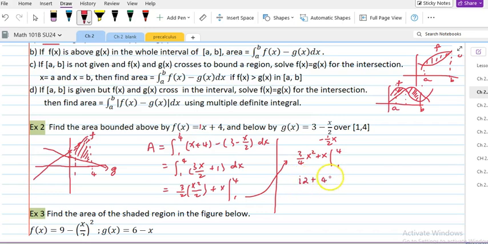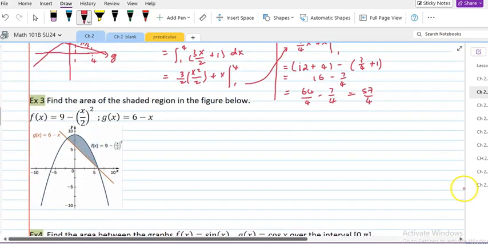Plus 4. Subtract 3 over 4 plus 1. So that is 7 over 4. So 16 minus 7 over 4. Convert it into improper fractions: 64 over 4 minus 7 over 4. That is equal to 57 over 4.